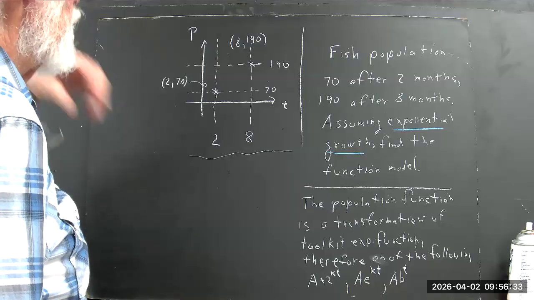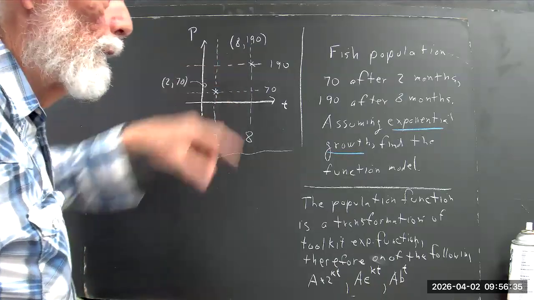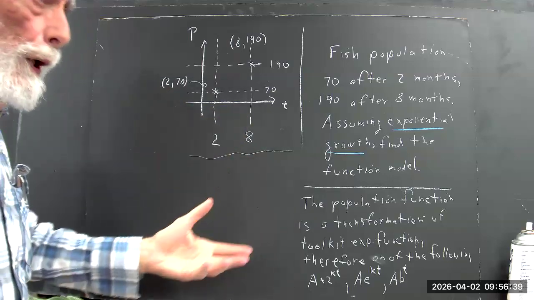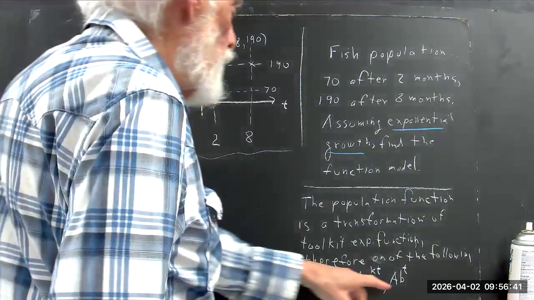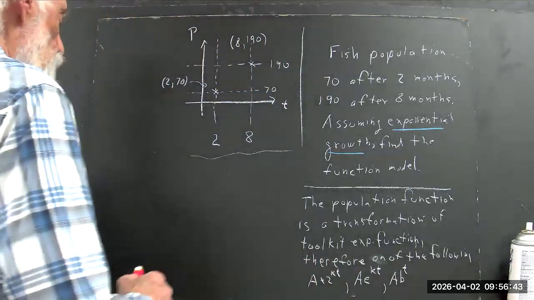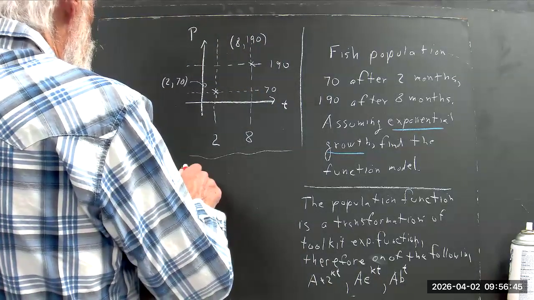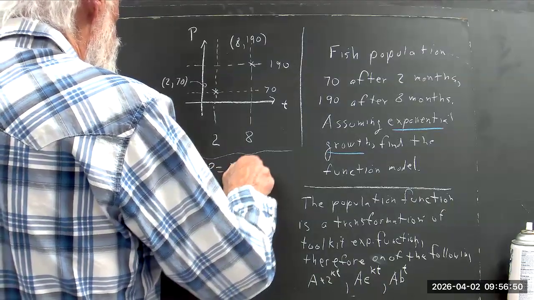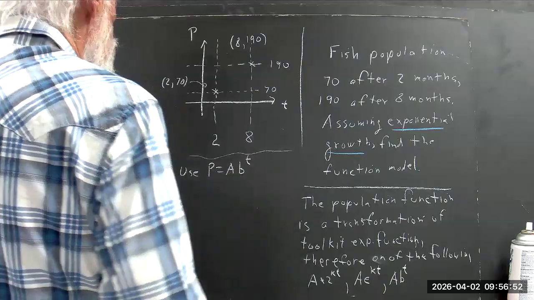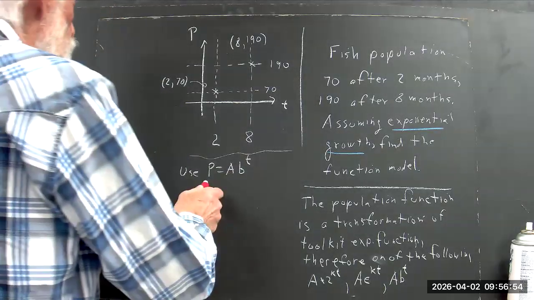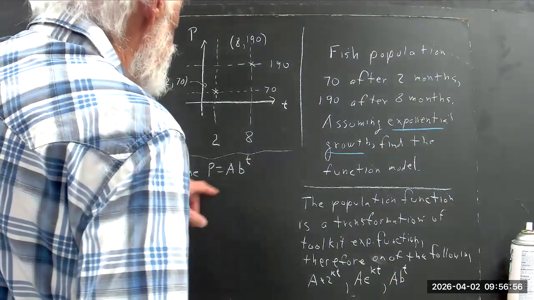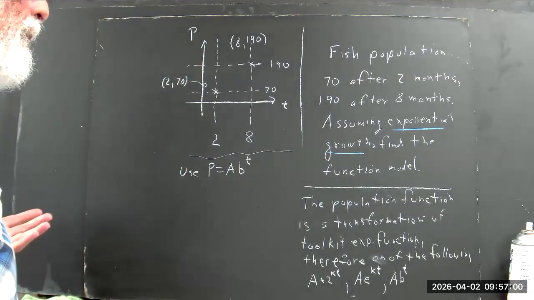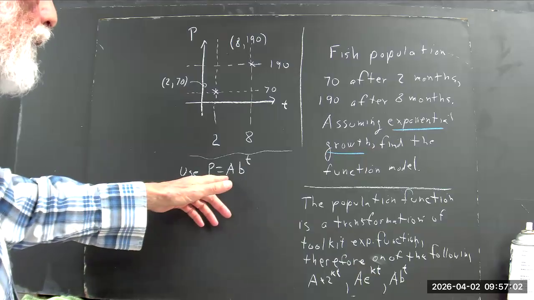But we're not going to do that at this point, especially since this is a support course. But we want to get 2 equations and 2 unknowns, just like we do if we have 2 points on a graph of a linear function. I'm going to choose the a, b, and the t. Okay, so if p equals a times b to the t, what's the value of a?